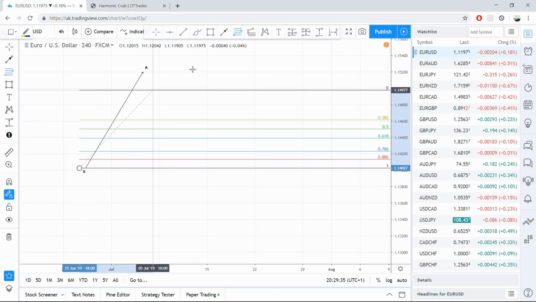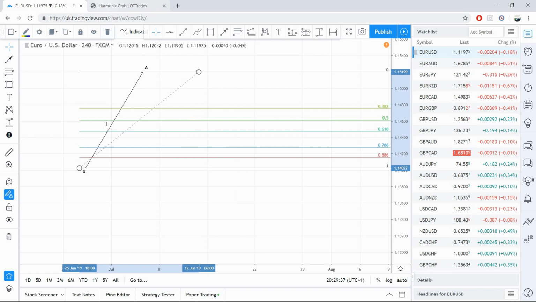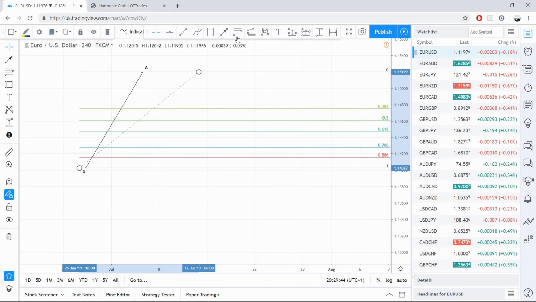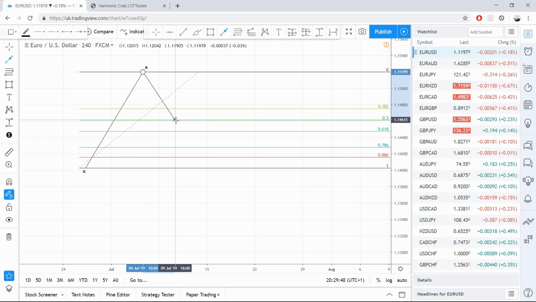So we're looking at a retracement of the X to A leg. So it says it can be either a precise 382, a precise 50%, or a precise 618. So for this example, we're going to use a precise 50%. Now again, this doesn't mean it hits the 50% level exactly, but I'm just going to leave it here as an example.